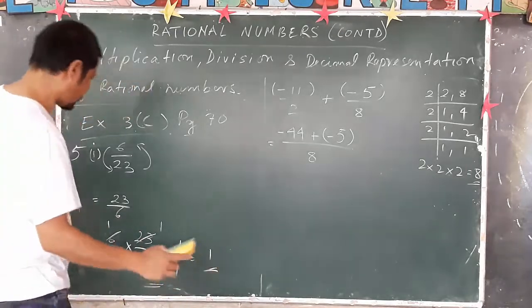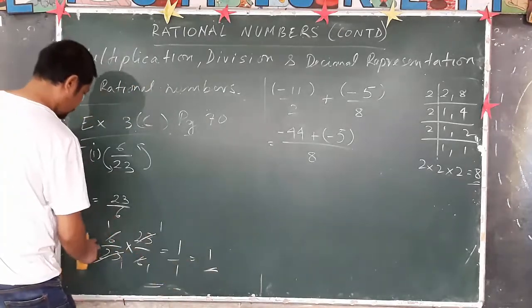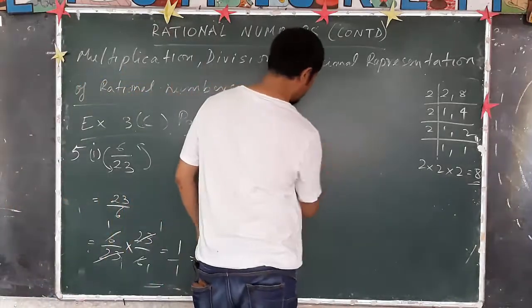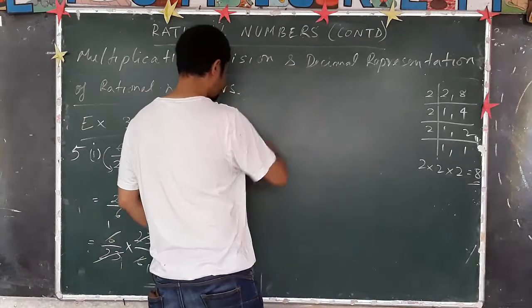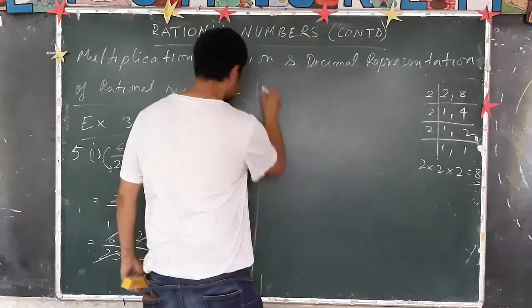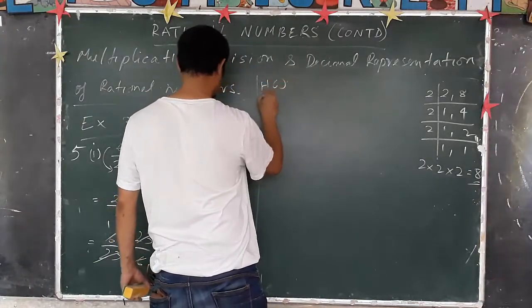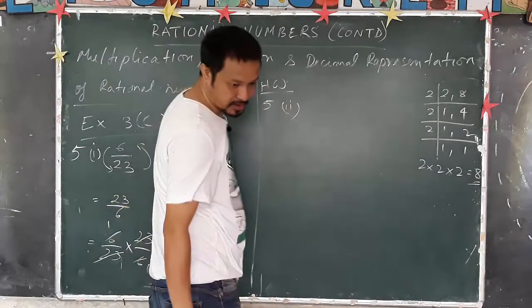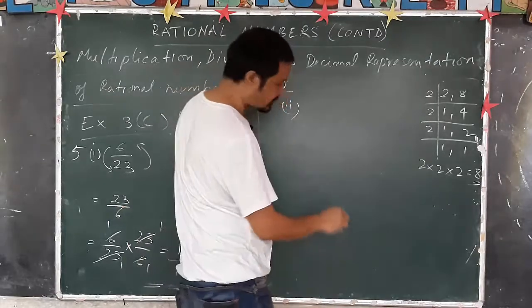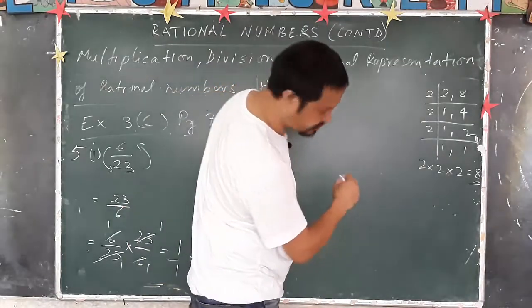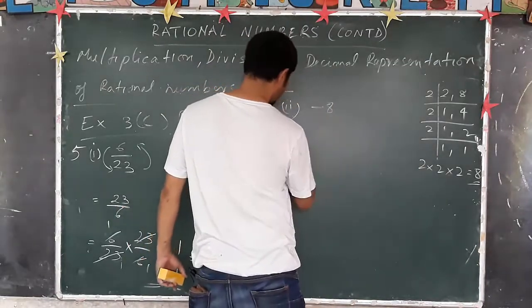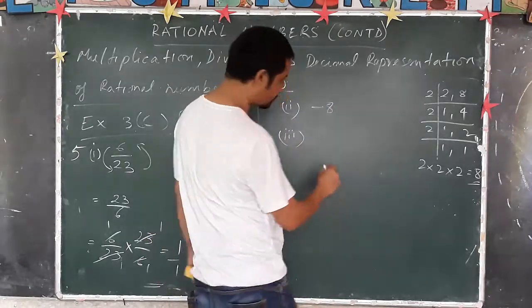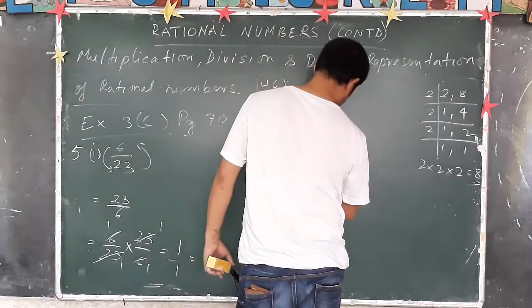The answer should come to 1. Now your homework, very easy. 5 subsection 2, that is minus 8, and 5 subsection 3, that is minus 10 upon 21.